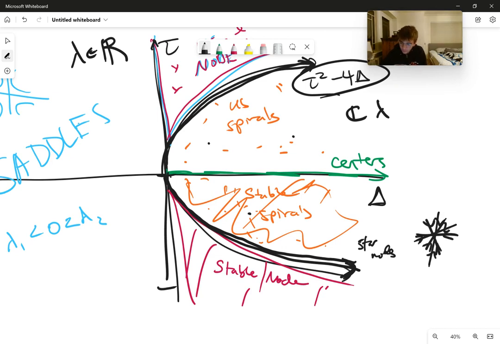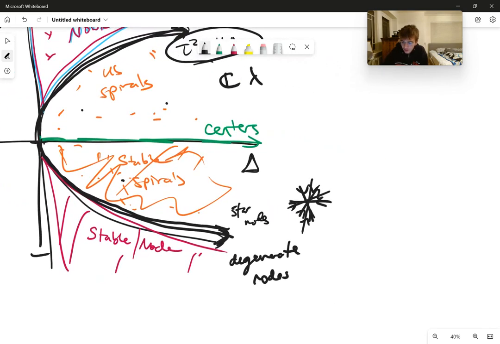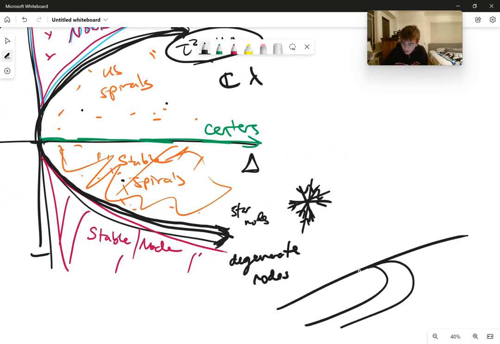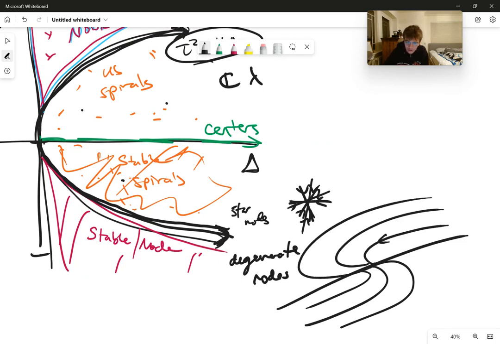Okay. And then the other thing you can get is degenerate nodes, where you only have one linearly independent eigenvector, so you only have one line. The way Strogatz describes it in the book, it looks like a halfway point between a spiral and a node, right?